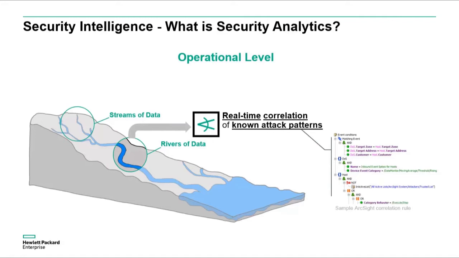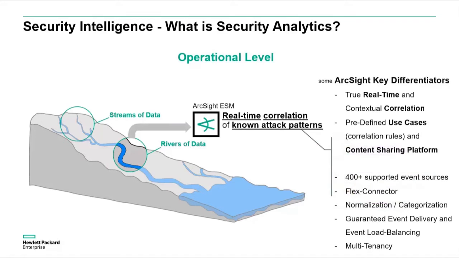And that's exactly what HPE ArcSight Enterprise Security Manager does with hundreds of predefined and custom correlation rules. And in a perfect world, that would be enough to detect all possible attacks.